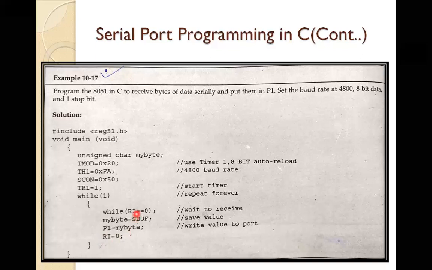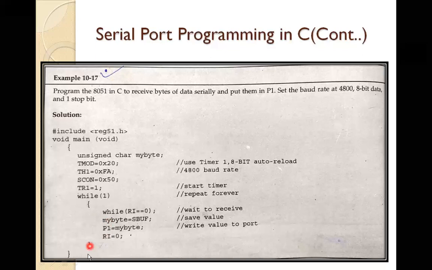If we use RI equal to 0 before this, then we may lose other values sent from the transmitting end. This must be done only after placing the character or value available in the SBUF register into mybyte. Otherwise we will get garbage.